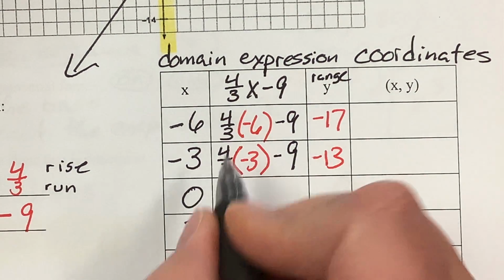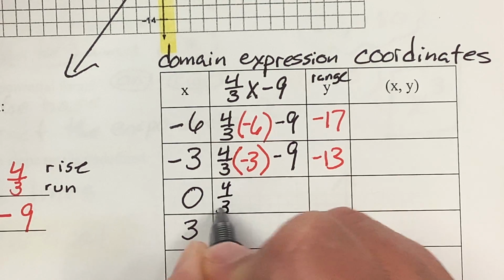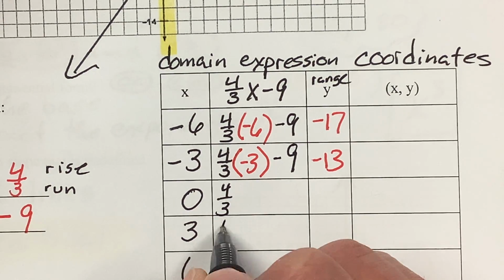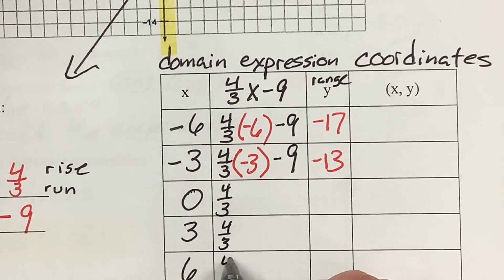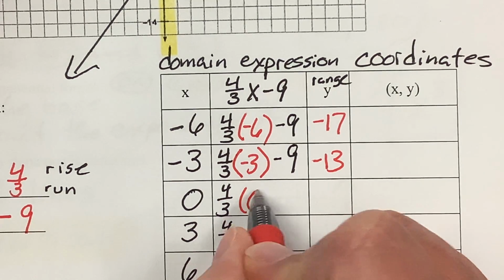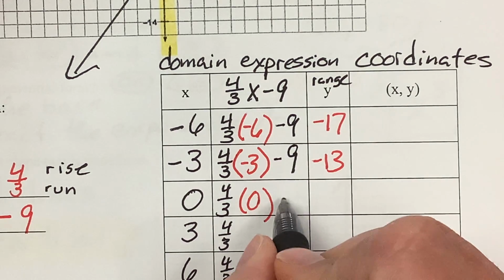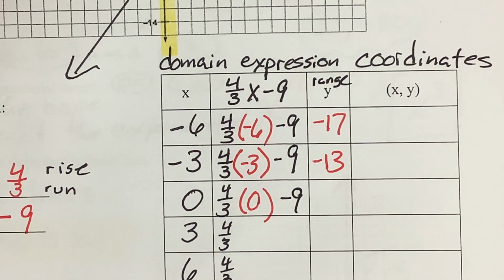Thank goodness, 0. 4 over 3 times 0 minus 9 is -9. I'm just going to write them all down because I don't like switching pens.